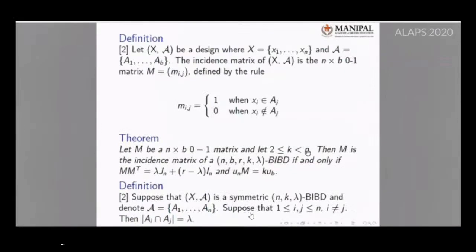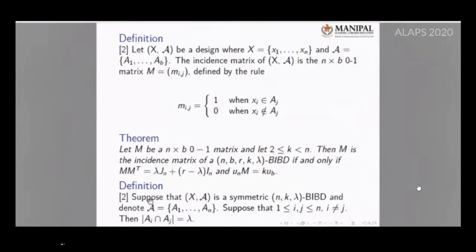And this theorem is about the incidence matrix, how it is related to the parameters r and lambda in particular. So if it's an (n, b, r, k, lambda) BIBD, then M M transpose, where M is the incidence matrix of the BIBD, is equal to lambda times J_n plus (r minus lambda) I_n, and there exists a vector such that M times the vector is equal to k times the other vector u.